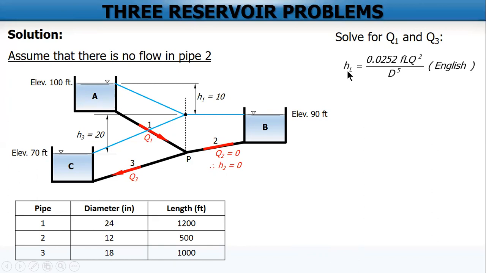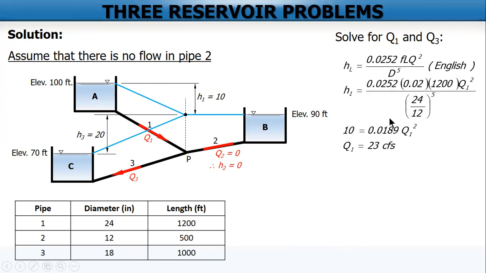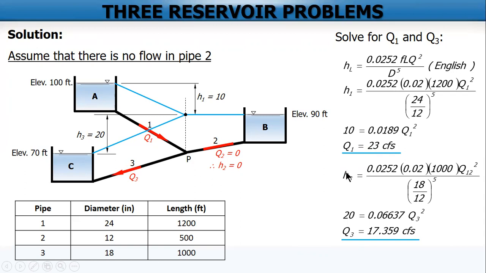With given H, friction loss, and the properties of the pipe, F, L, and D, where F is 0.02 for all pipes, we can get Q1, and also solve for Q3. For Q1, H1 is 10, so we equate, and Q1 is equal to 23 cubic feet per second. Do the same for pipe 3, where H3 is 20.